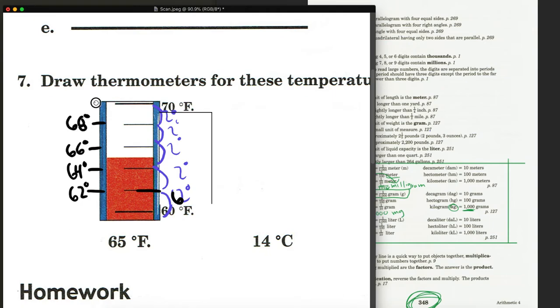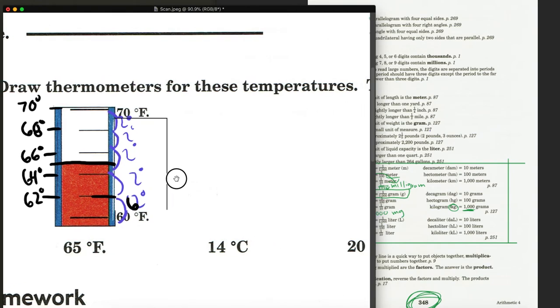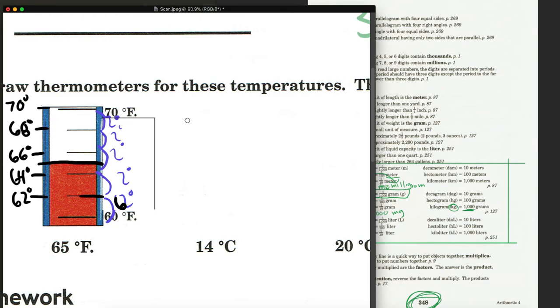And at the very top is 70 degrees. So to represent 65, there's no 65 here, but we have 64 and 66. And we know that between 64 and 66 is 65, right? That's why the red line stops here. We would need to do the same here.